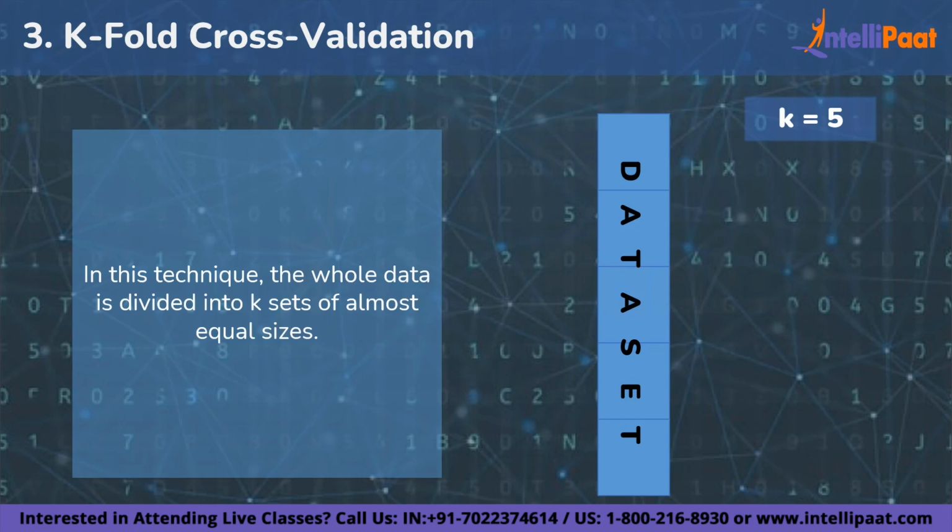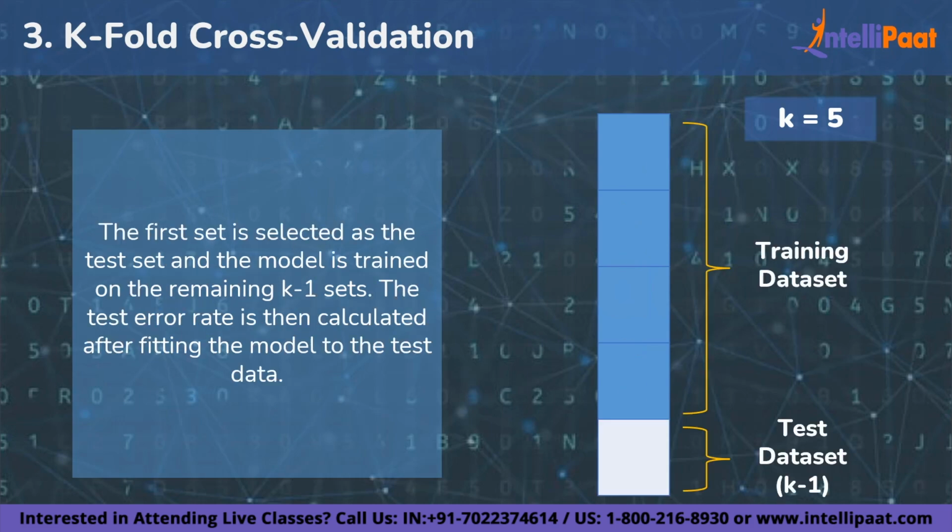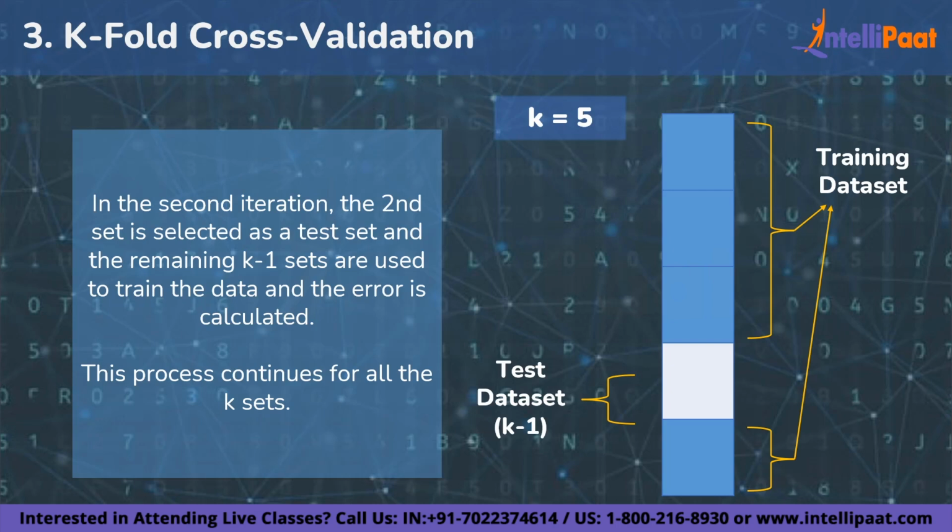From that, the first set is selected as the test set, and the model is trained on the remaining k-1 sets. Then in the second iteration, the second set is selected as the test set, and the remaining k-1 sets are used to train the model, and the error is calculated.